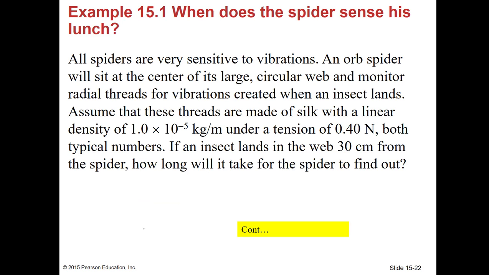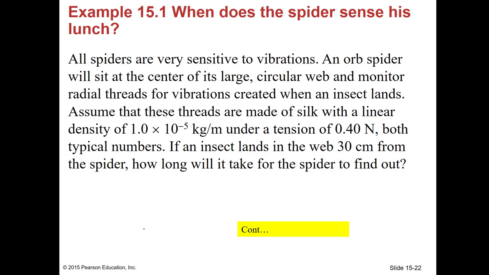Here's another example we can take a look at. All spiders are very sensitive to vibrations. An orb spider will sit at the center of its large circular web and monitor radial threads for vibrations created when insects land. So the spider's sitting there, an insect lands, and there's a pulse on the web.